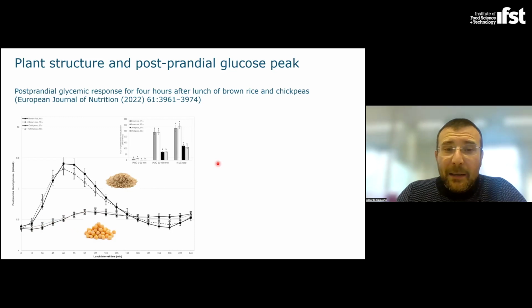But actually, the main difference that I want you to appreciate is the difference in the area under the curve of the postprandial glucose profile of brown rice compared to chickpeas, the postprandial glucose profile of chickpeas being much smaller.